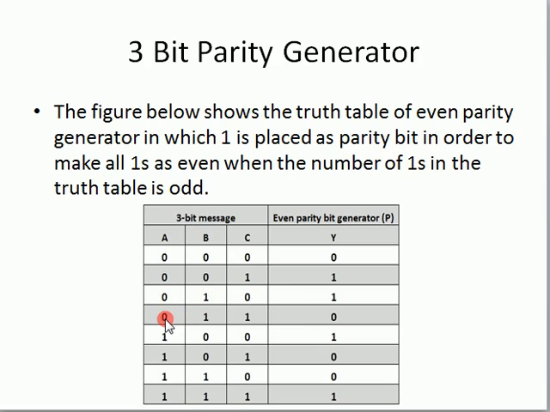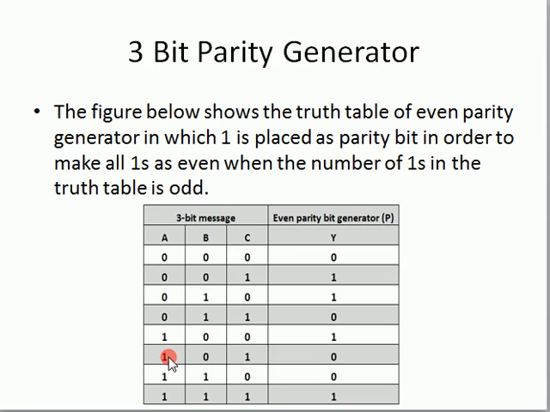In the next combination we have 0 1 1. Here we have an even number of ones, that's why the even parity bit will be 0. In the next combination we have 1 0 0. Here we have an odd number of 1s, that's why again 1 at the even parity bit P. So the total number of ones is even here.